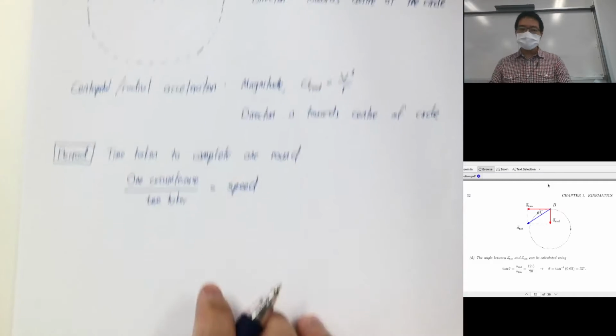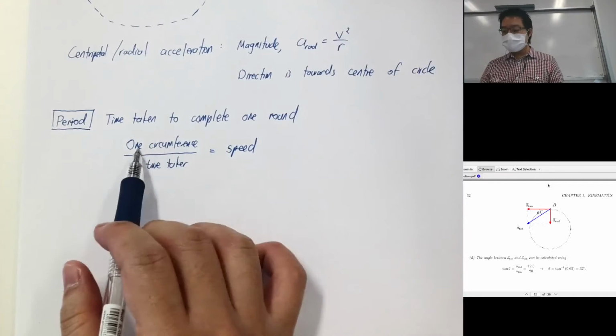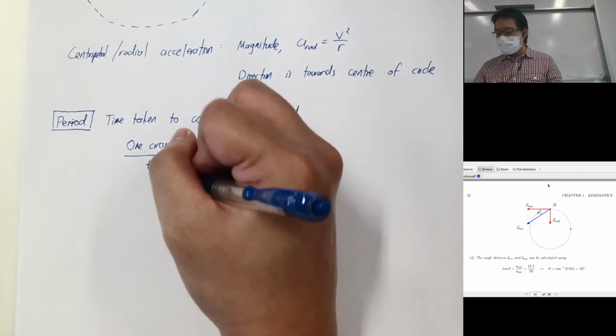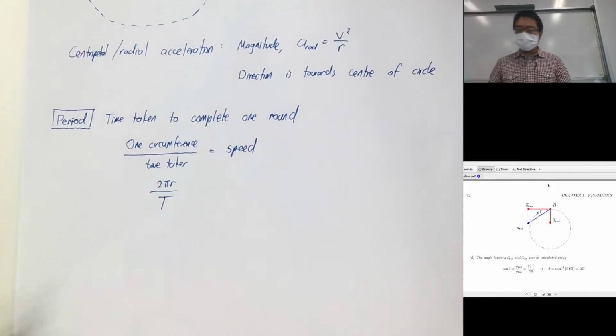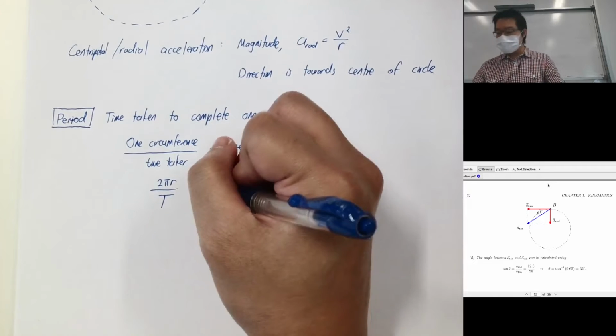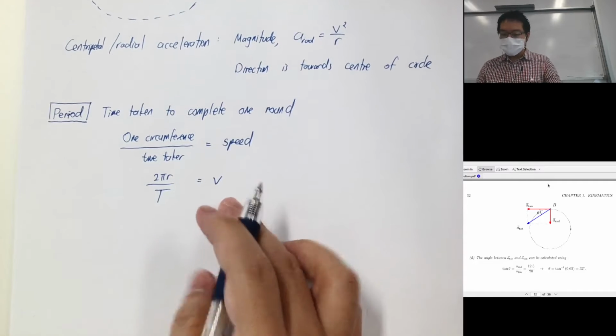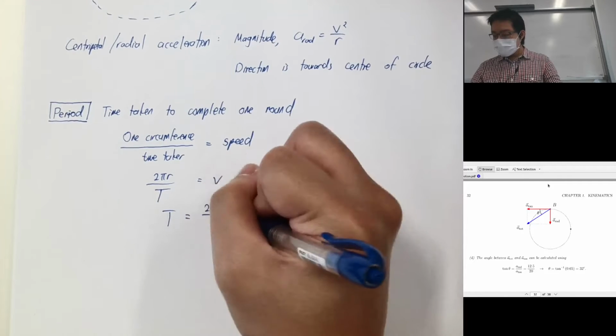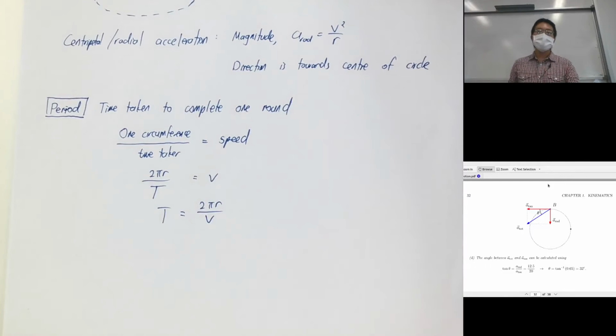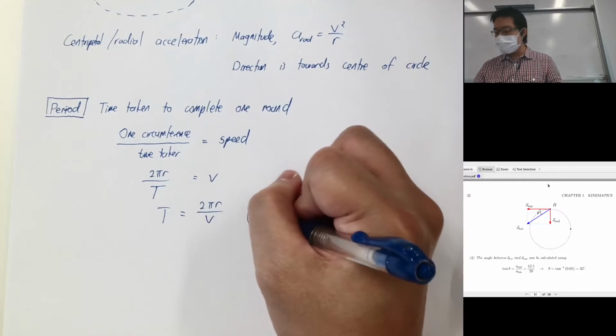This is a constant speed. So from here we get 2 pi r, and then the period, usually we call this capital T, and the speed we have been using is just v. So the period is 2 pi r divided by v. This is the time taken to complete one circle. So this is one period.